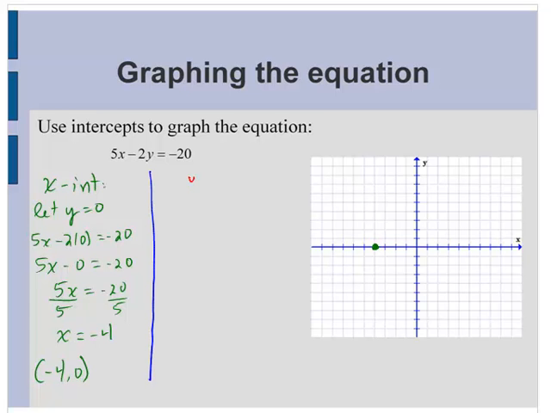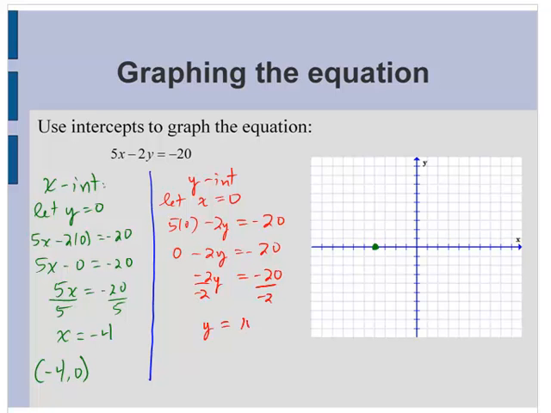Now, finding the y-intercept. To find a y-intercept, we let x equal 0. Letting x equal 0, we would have 5 times 0 minus 2y equals -20. So you'd have 0 minus 2y is -20. So then -2y would equal -20. Dividing by -2, y is +10.